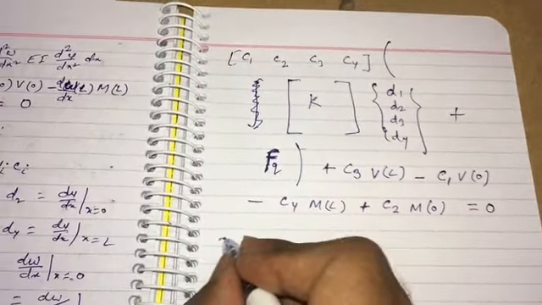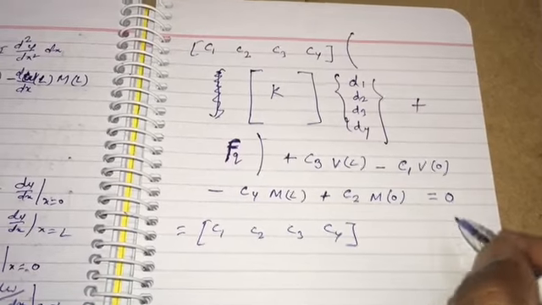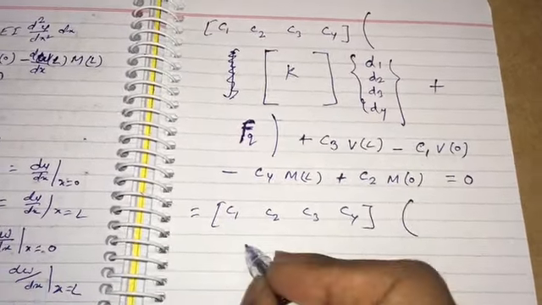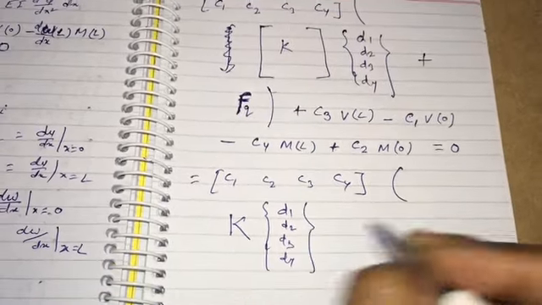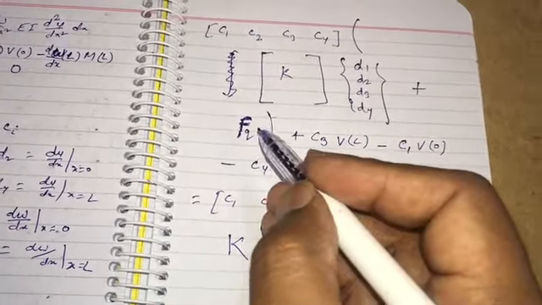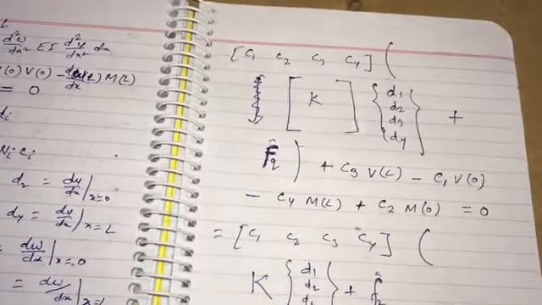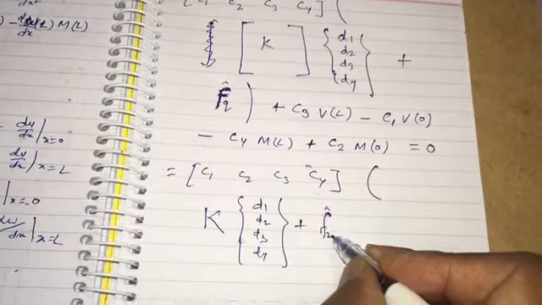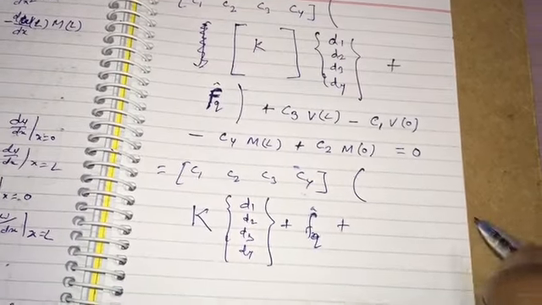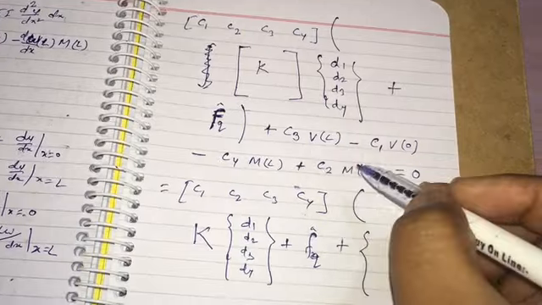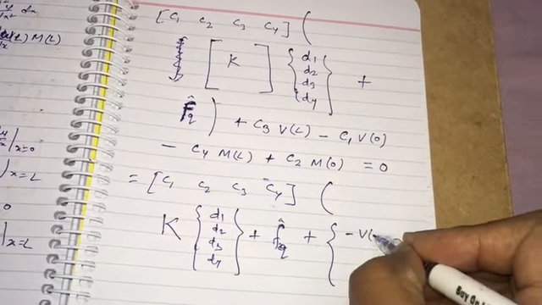So let's write it again: equal to C1, C2, C3, C4, and now we write K, then D1, D2, D3, D4, plus FQ, with a tilde meaning this is a vector, and plus a vector here: C1 multiplies this one, so write minus V0.